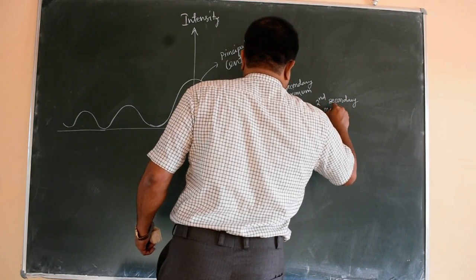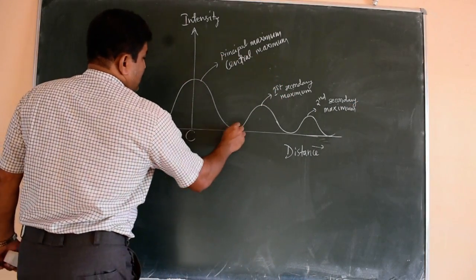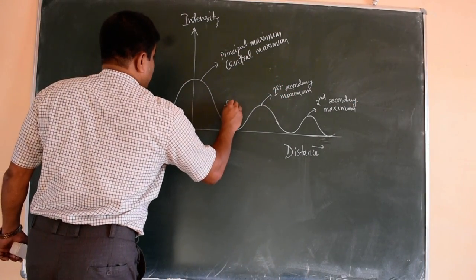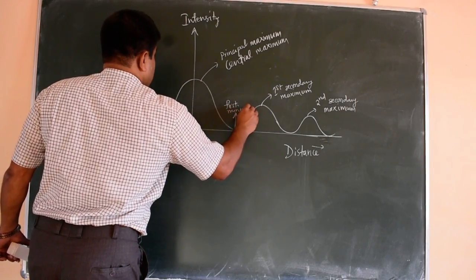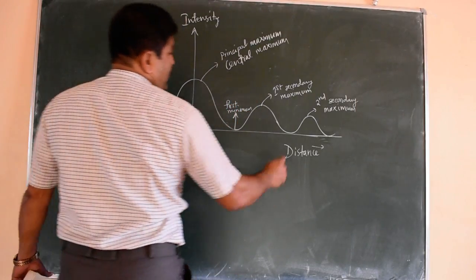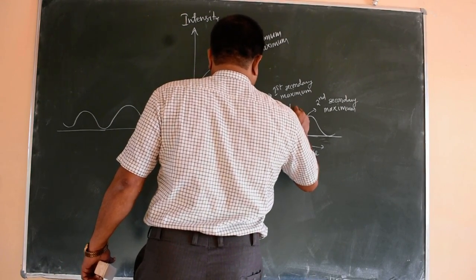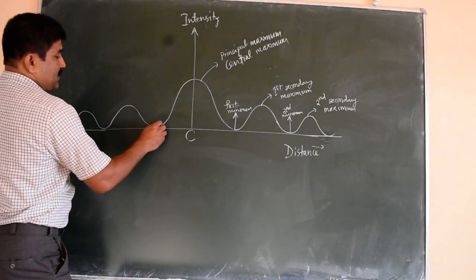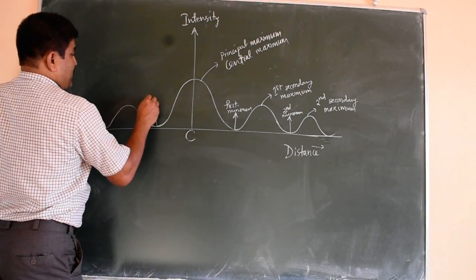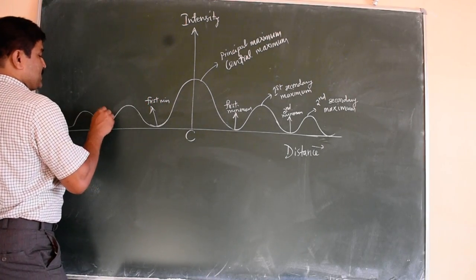Here is the first minimum at this point, and here is the second minimum. The same thing we observe on the other side also. This is the first minimum, and this is the second minimum.